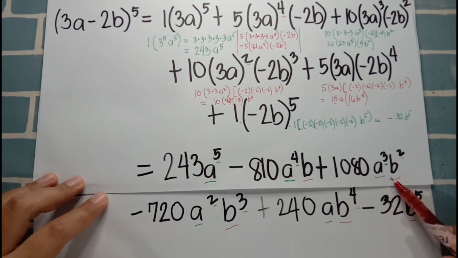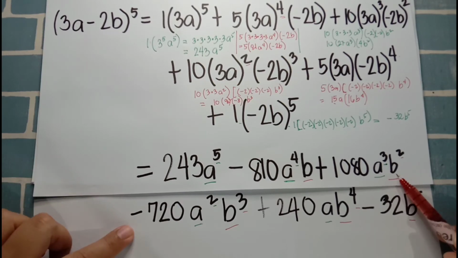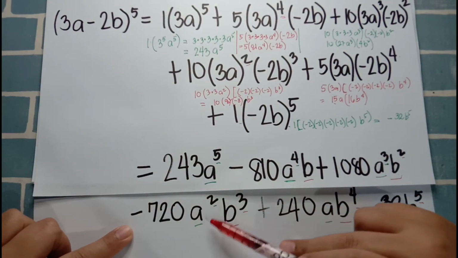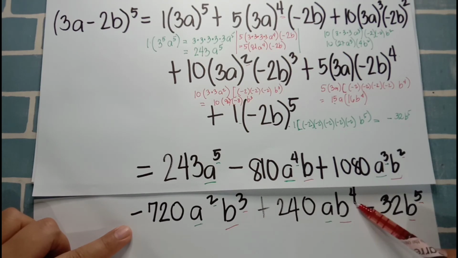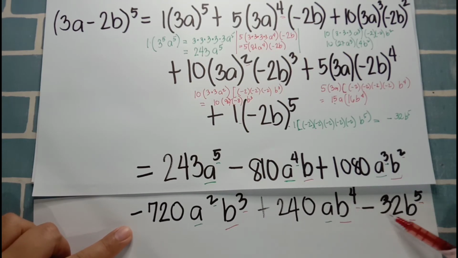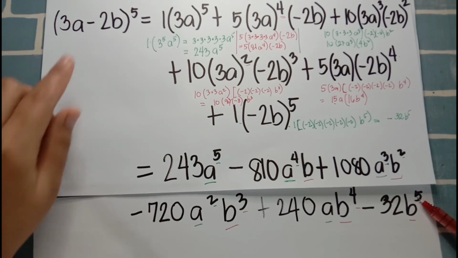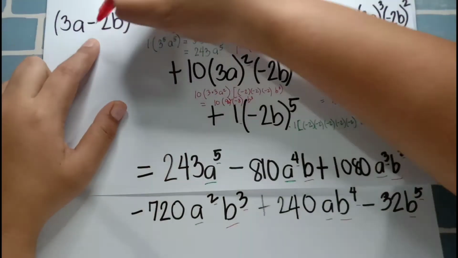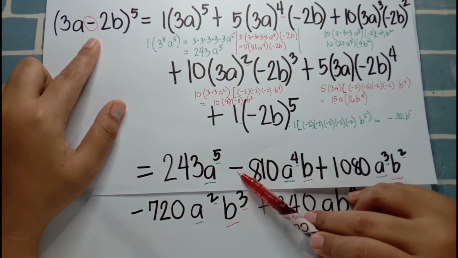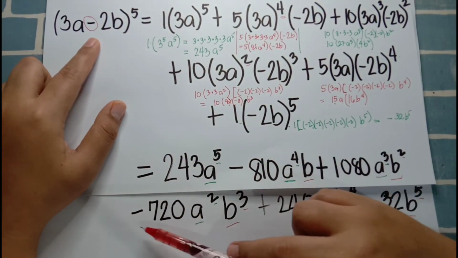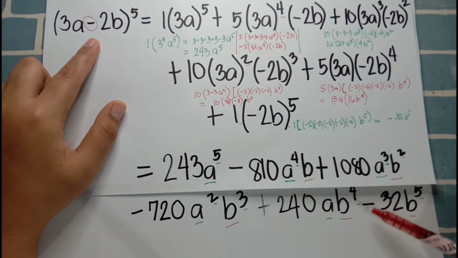So, tingnan nyo mabuti kung tama yung mga exponents ng inyong mga variables na a and b. So, dapat si a pababa yung kanyang exponents, si b pataas naman. At kung makikita nyo, kapag minus ang ating binomial, yung mga signs ng ating mga terms alternate siya. So, negative, positive, negative, positive.